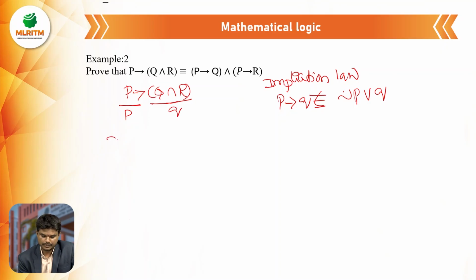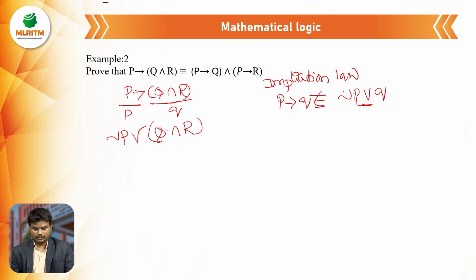What is the P? P is the P. Negation P or (Q and R). So here we observe negation P or (Q and R). We observe that it is the distributive law. What is the distributive law?